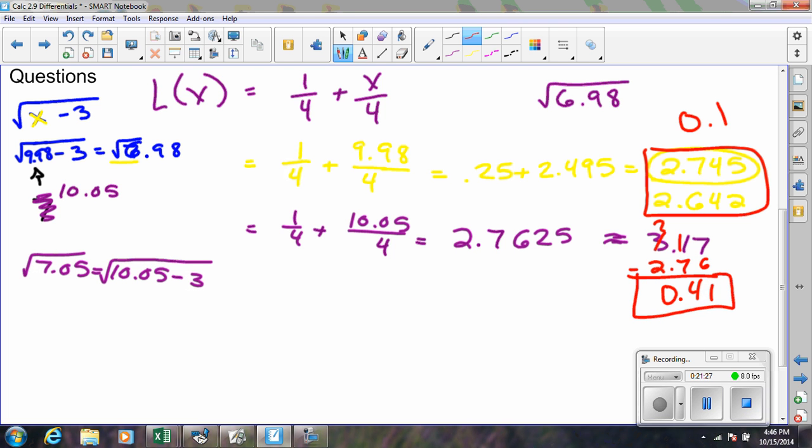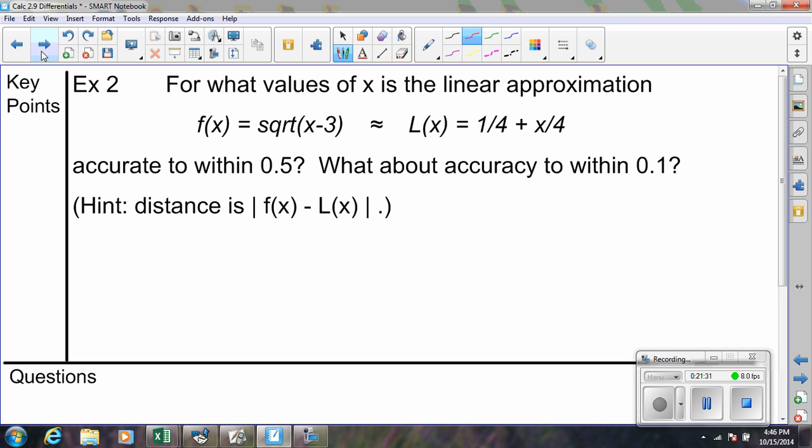If we want to know which x numbers we can use that will stay within this error tolerance of being within 0.5, which x values can we actually use? Well, the big clue there is we're talking about being within a distance.